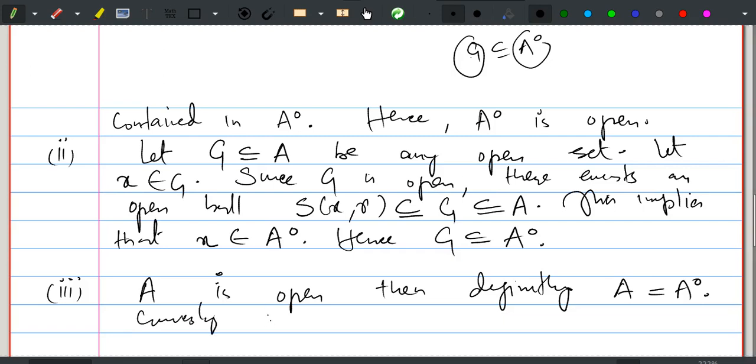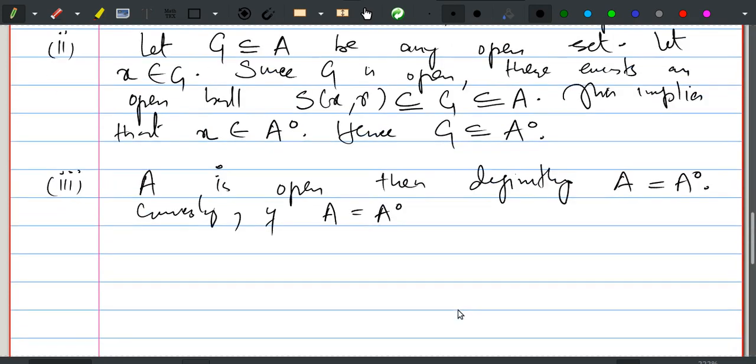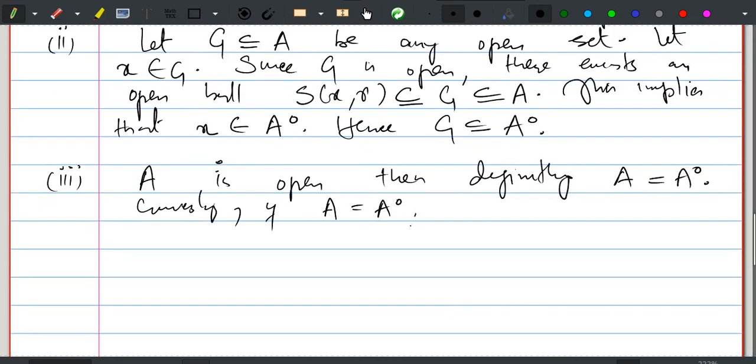Conversely, if A is equal to A interior, then A is open, since A interior is open.